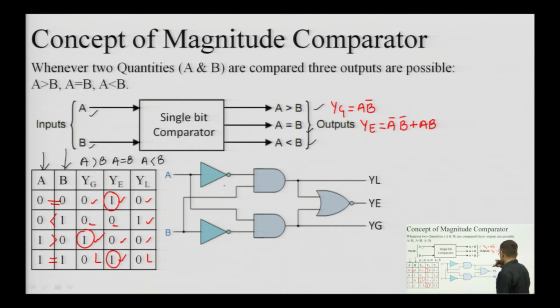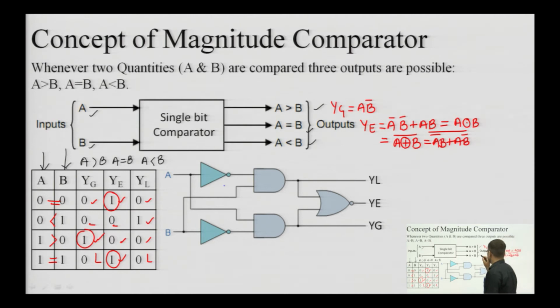Okay. So, this a bar b bar plus a b is actually equivalent to the XNOR of these a and b, and it can be further considered as the bar of a XOR b, and a XOR b is equivalent to a bar b plus a b bar, complemented.